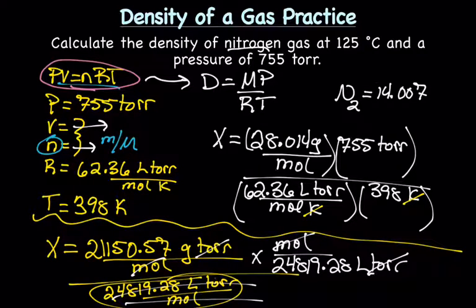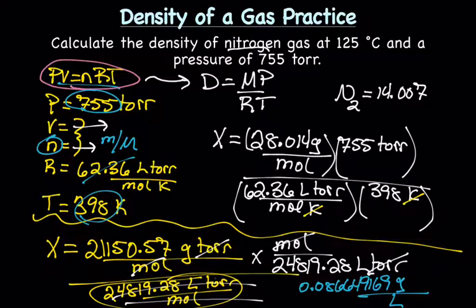I've got a mess going on here. 0.086649169 grams per liter. Oh, we're getting close, and now we need to look at sig figs. We have 3, and don't care about that one, and 3.